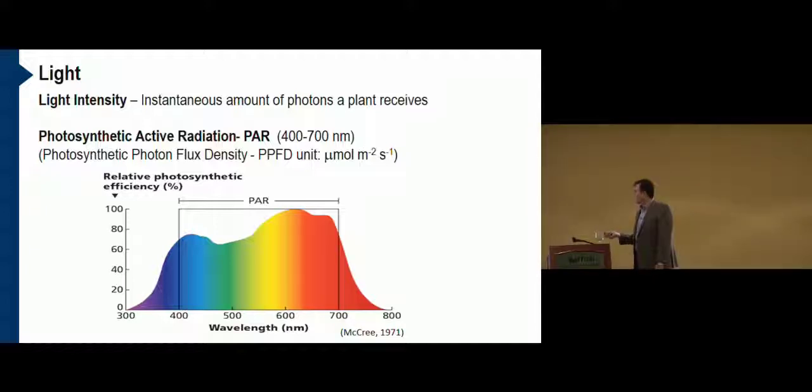So plant scientists like to use the photosynthetic photon flux density, the amount of photons falling onto a unit area per unit time. The units are micromoles per meter squared per second, representing the light at that instantaneous time.